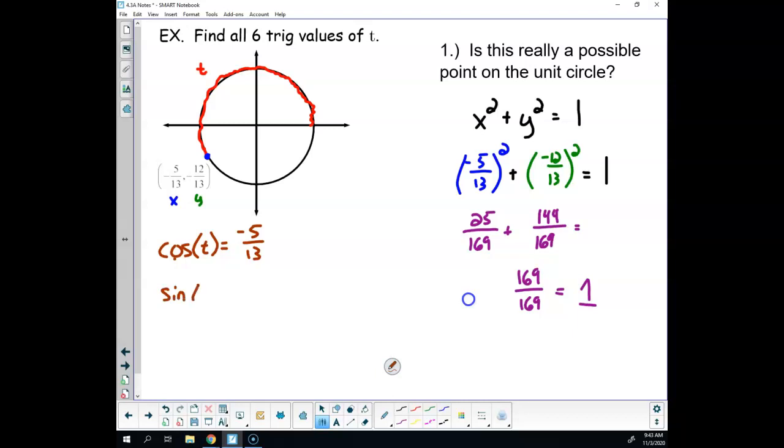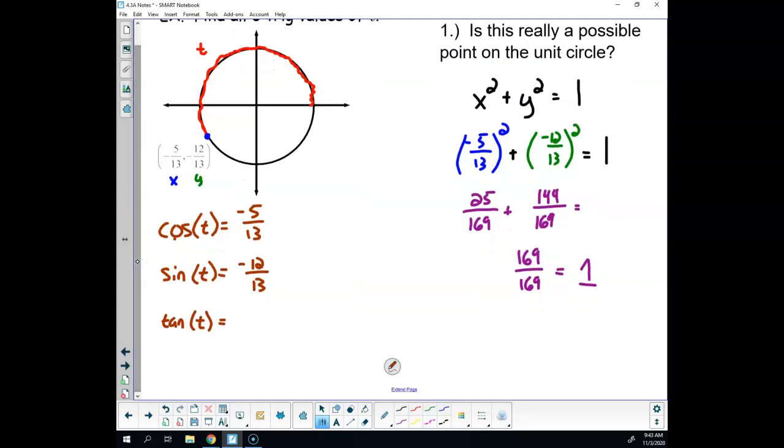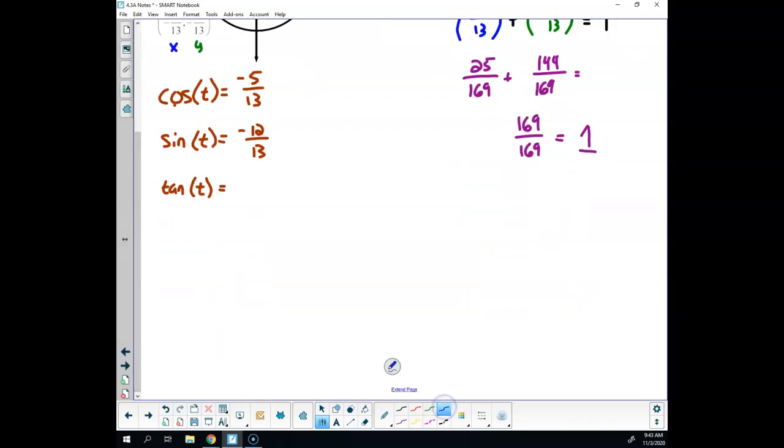The y. So that means it's negative 12/13. Tangent was what? Y over x. So we have to do a little math here. That's going to be negative 12/13 divided by negative 5/13.